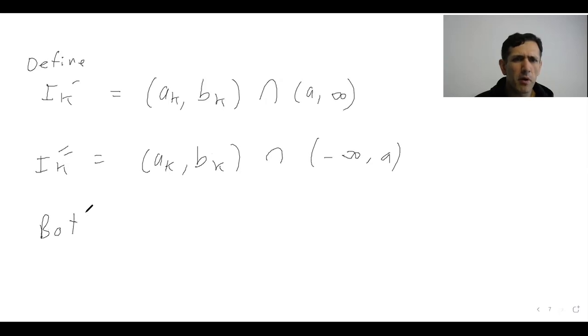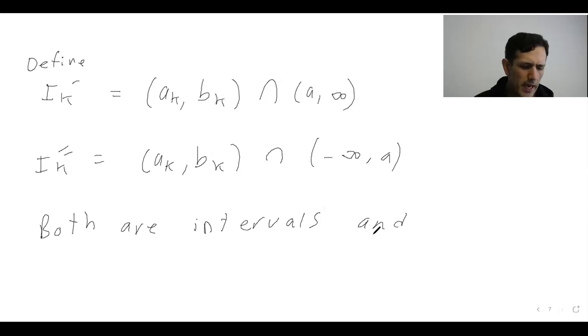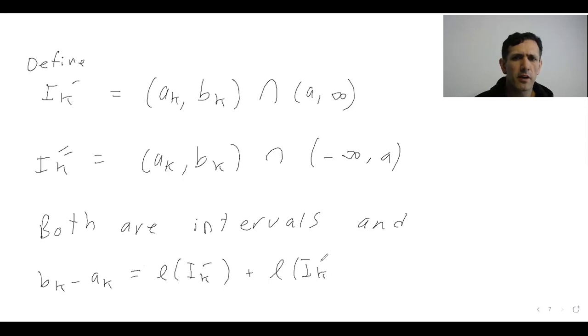So I claim that both are intervals and, well, the length of (a_k, b_k) is going to be the length, script L for length, of I_k prime plus the length of I_k second prime.